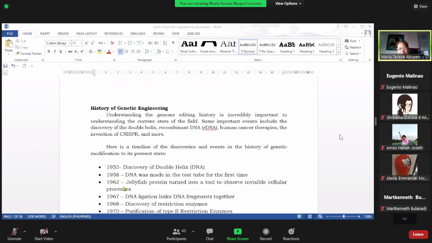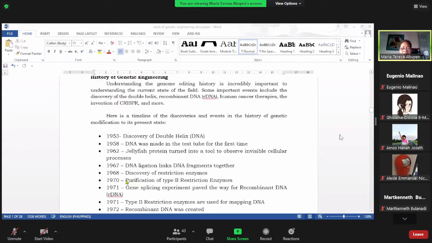Through the discovery of the DNA, many things happened. Many scientists became so interested in the DNA that they were able to discover many things about the DNA and using the DNA.